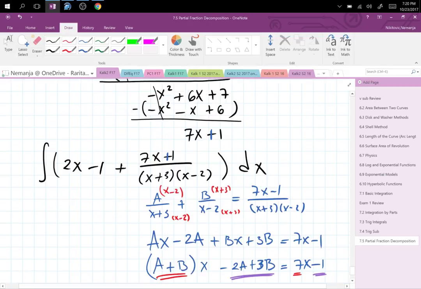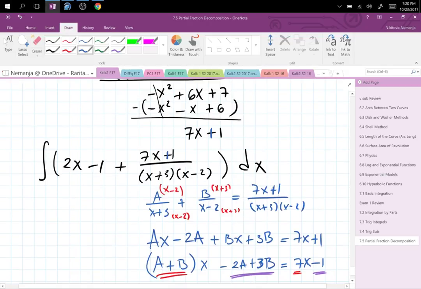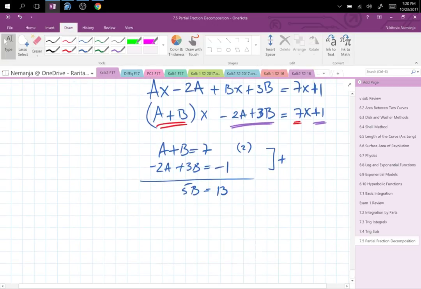Should be plus 1. So that makes a nice 15 over here. So b is 3, and a must be negative 3 because, no. B is 3, a is 4. Much better.